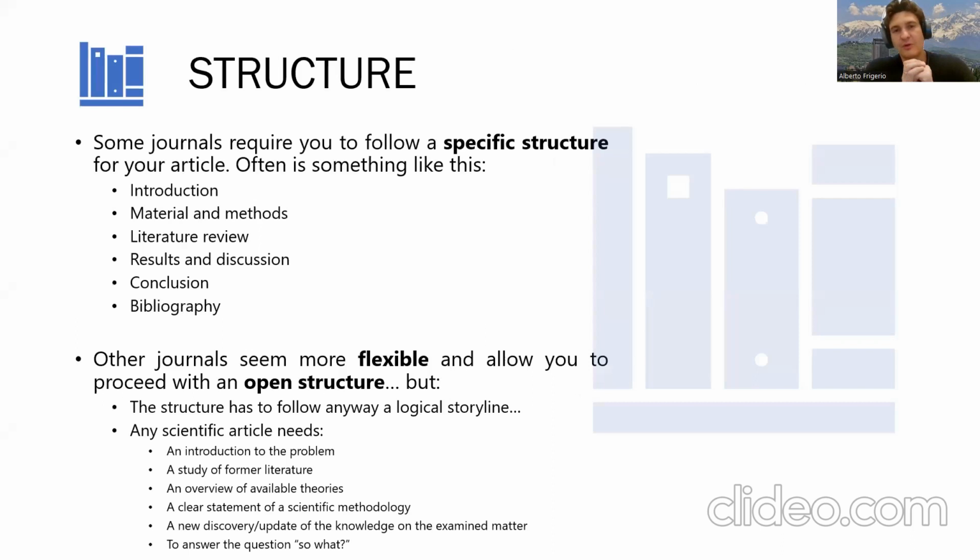Structure. So overall, a lot of journals in Scopus now require you to follow a well-specified structure in order to get a publication there. It's not always like the one I put in this slide, but most of the time what they ask you to provide is an introduction, a section with material and methods, a section with literature review and theoretical basis, a section with results and discussion, a conclusion, and bibliography.